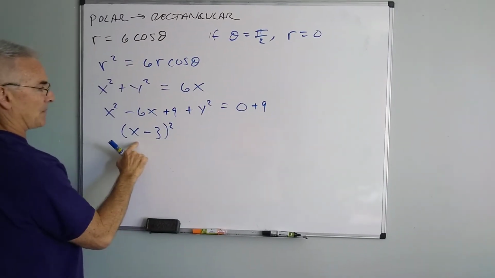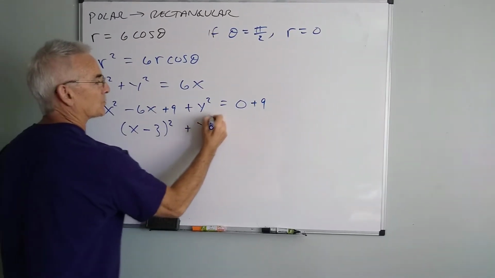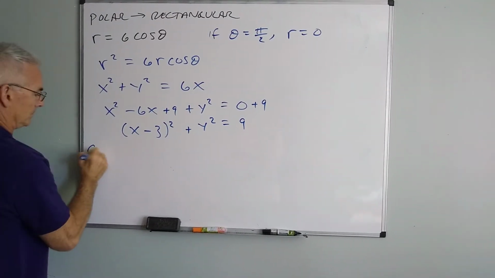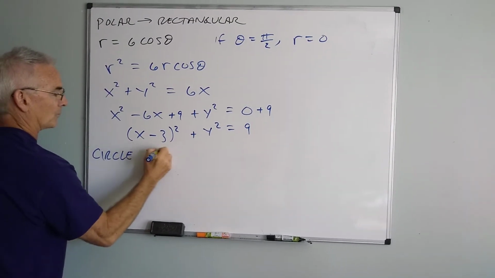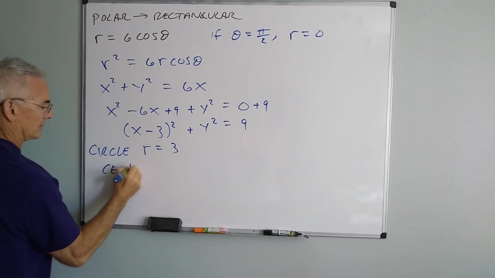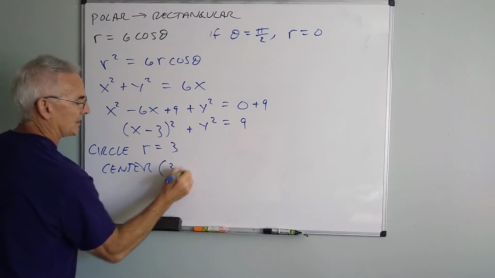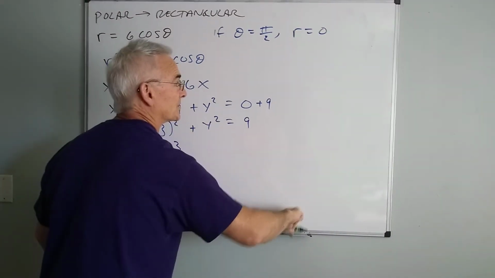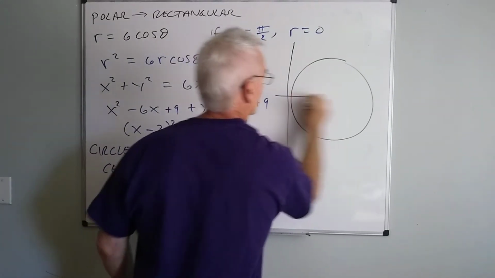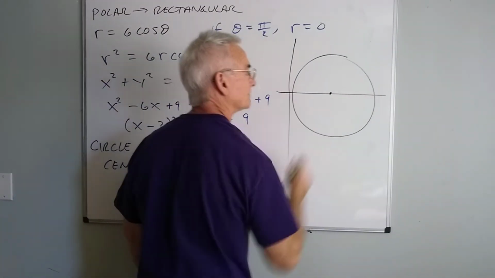And now I have x minus 3 quantity squared plus y squared equals 9. We recognize that as a circle of radius 3 with center 3, 0. So if I were to sketch that really quickly, basically it would be a circle that looks something like this. Right?